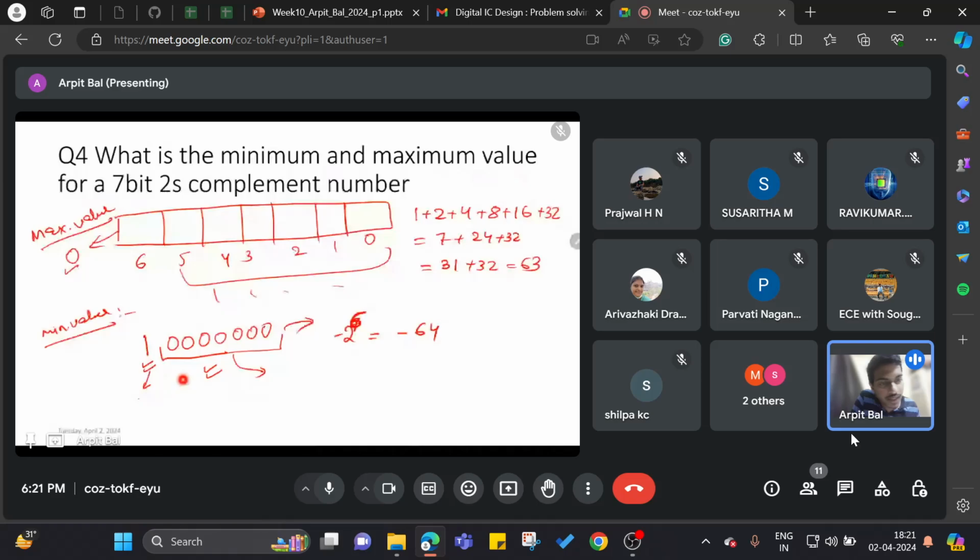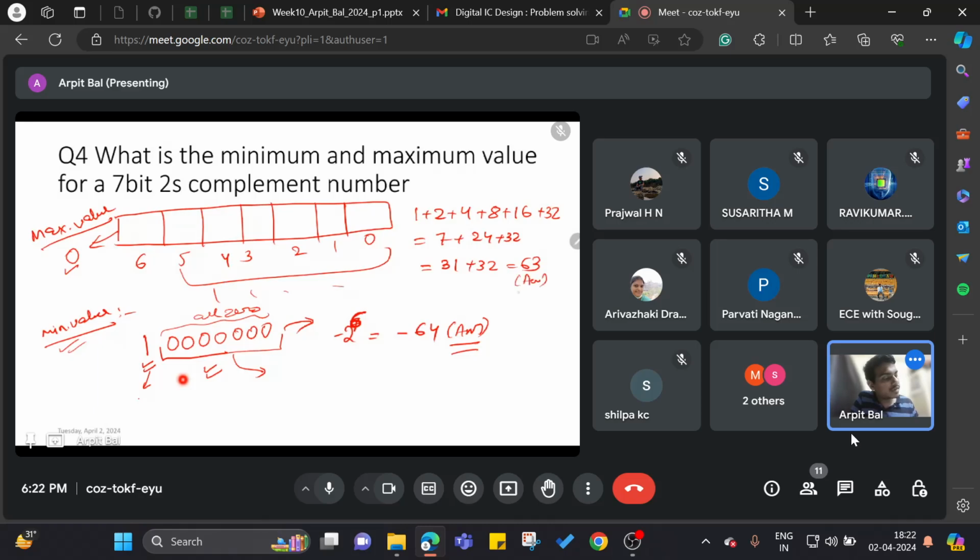The MSB is the only negative part, so we need to ensure that the positive part is as small as possible to obtain the minimum value. The minimum possible value for the positive part is 0, so this has to be all 0. Please keep that in mind.